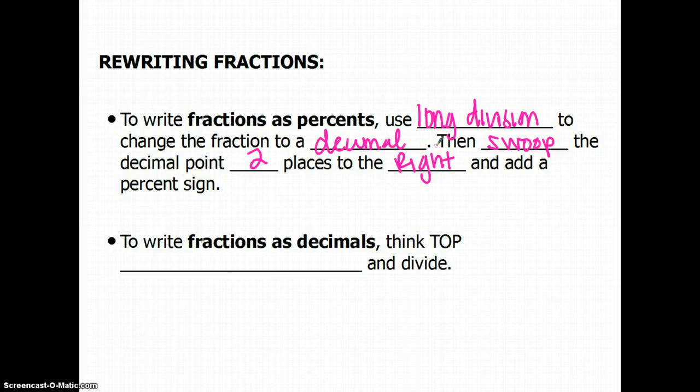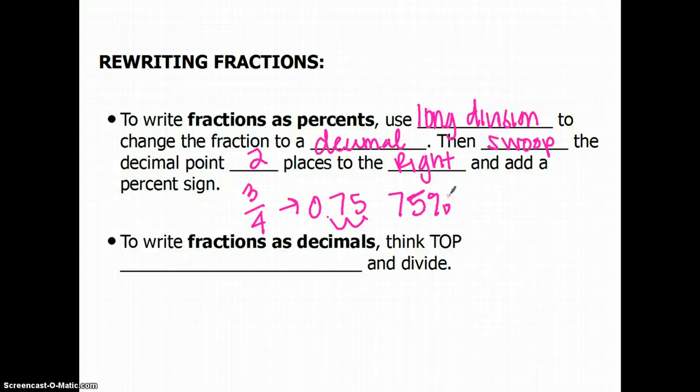So say I have 3/4. If I use long division, and I know you know how to do this, so I'm going to go quickly, I get 0.75, and then I swoop, which gives me 75%. You cannot go straight from fractions to a percent. Okay, there needs to be that middle step.